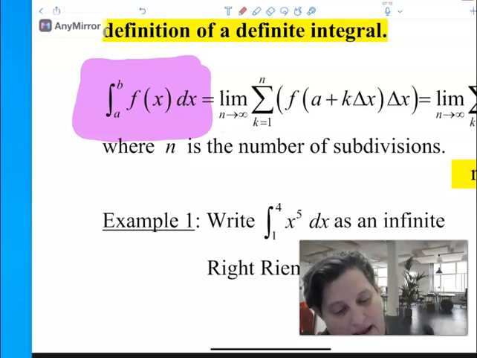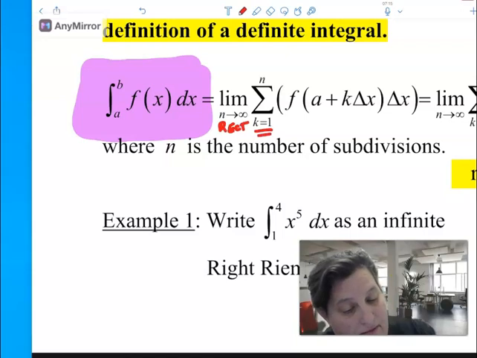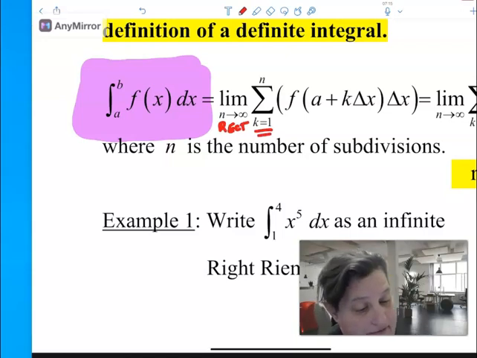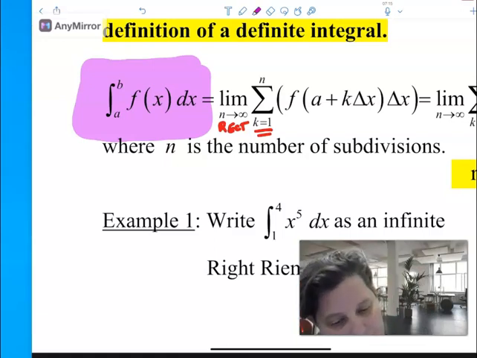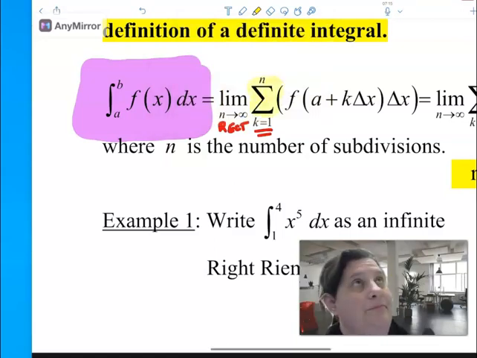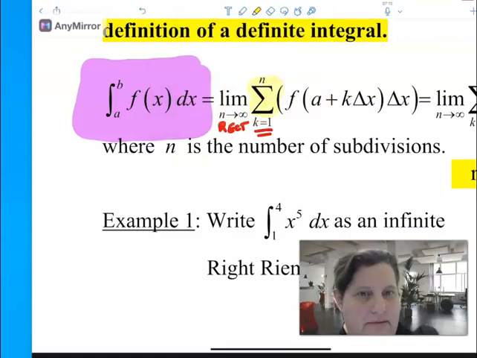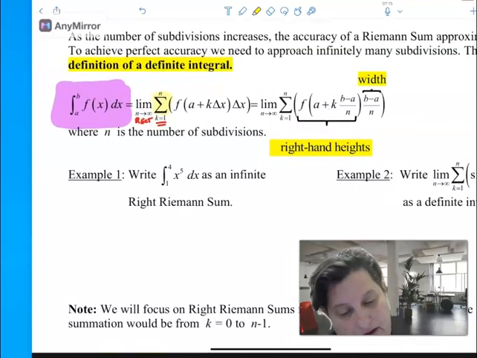I'm getting an infinite number of rectangles, and I'm summing them all up from 1, the first rectangle, all the way up until infinity. This is a summation symbol, this thing right here. It's a sigma, capital sigma, and it tells us the summation of all these things, okay?